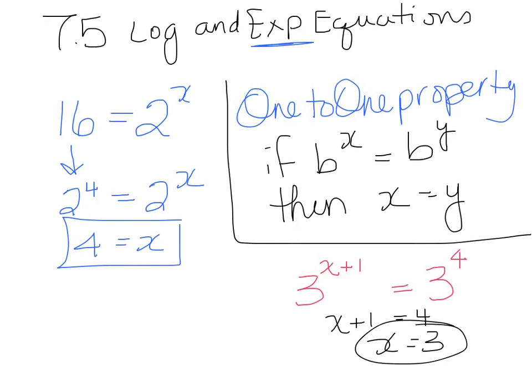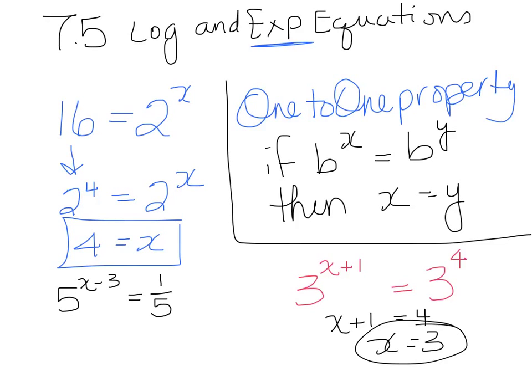Alright, so why don't we try another one like that? What if I said, let's try 5 to the x minus 3 is equal to 1 over 5. Okay, well, let me think about this. It's kind of like the same base, but not quite, since it's a 1 over.